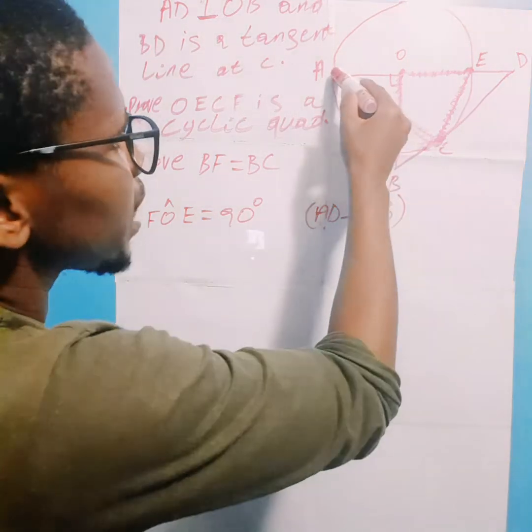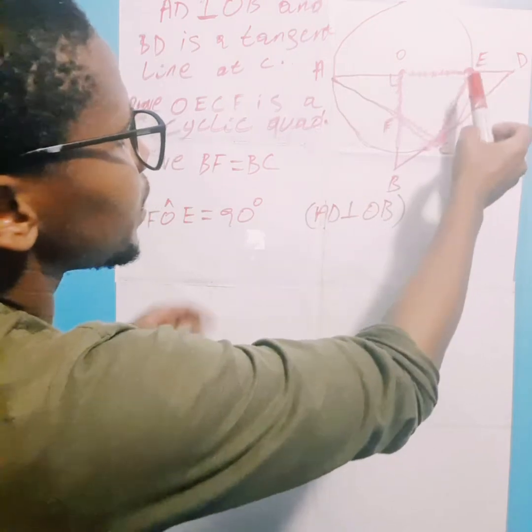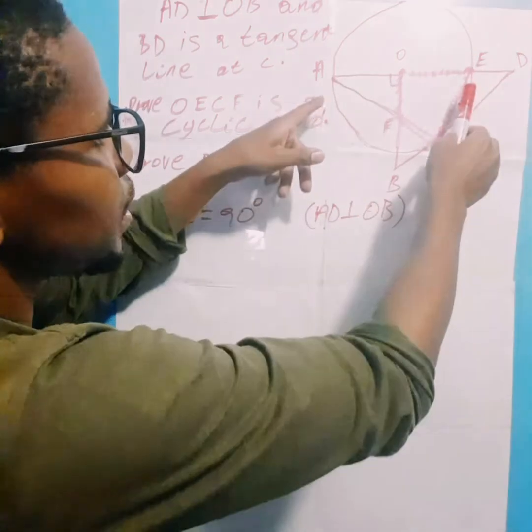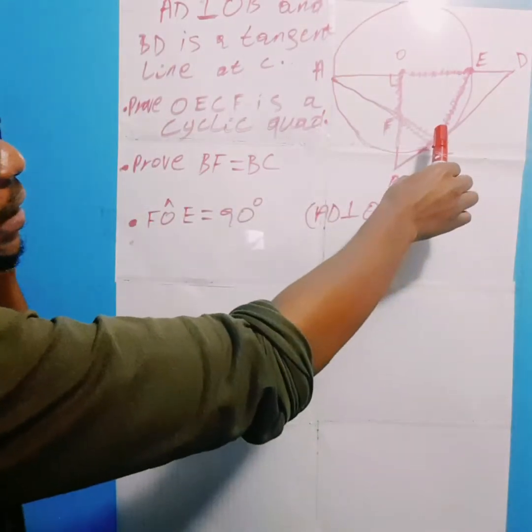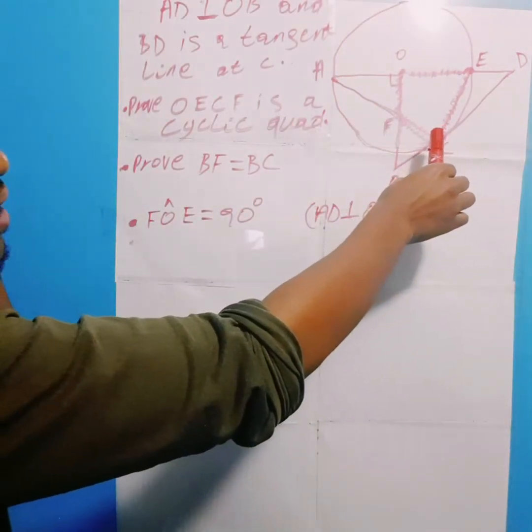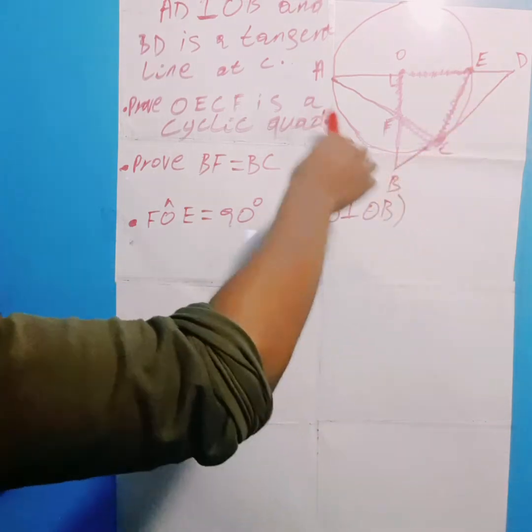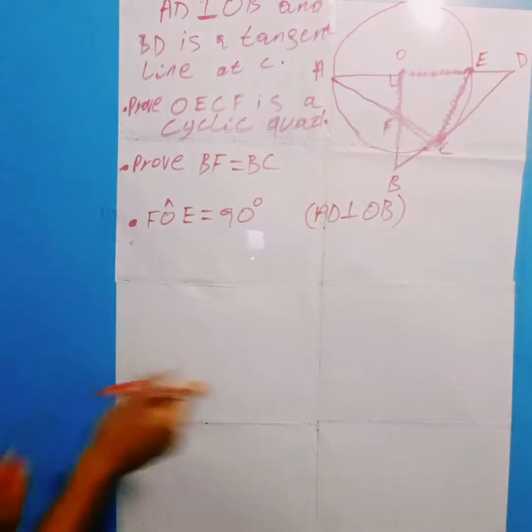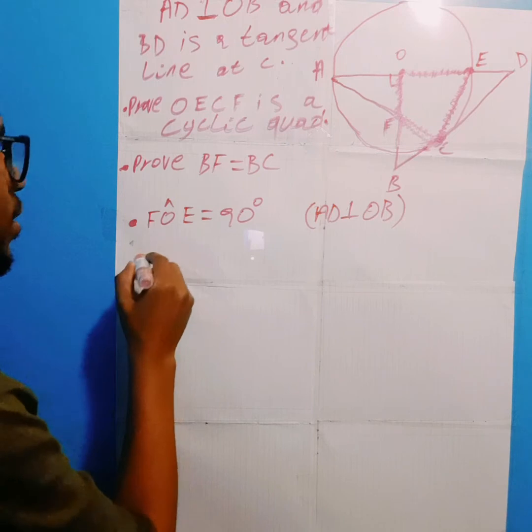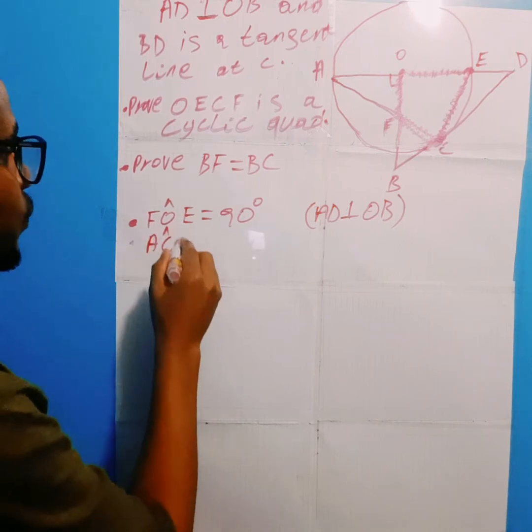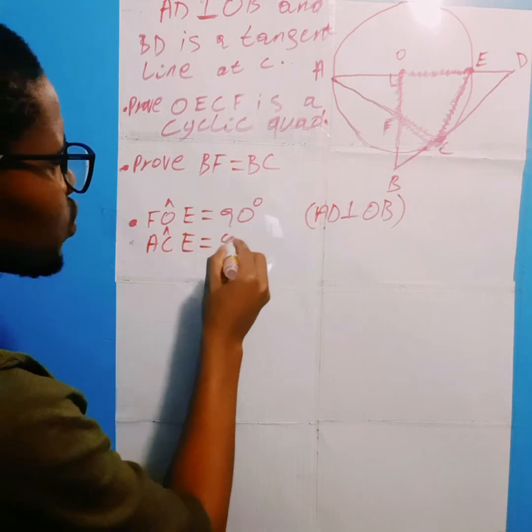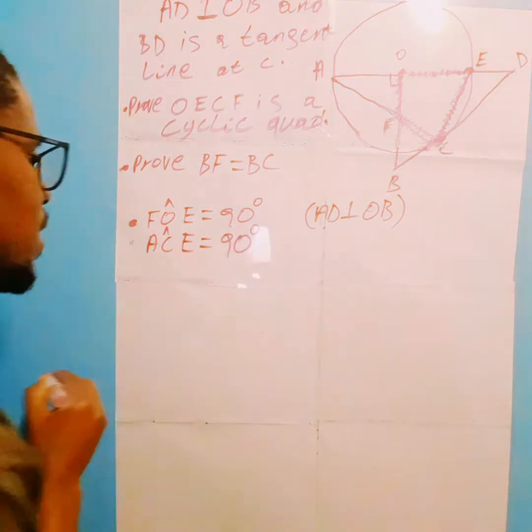If that one is the diameter and it subtends an angle at the circumference, you can just say angle ACE is equal to 90 degrees as well.